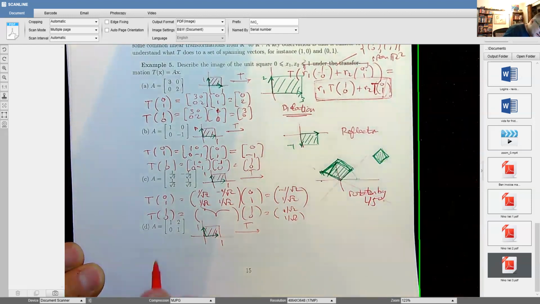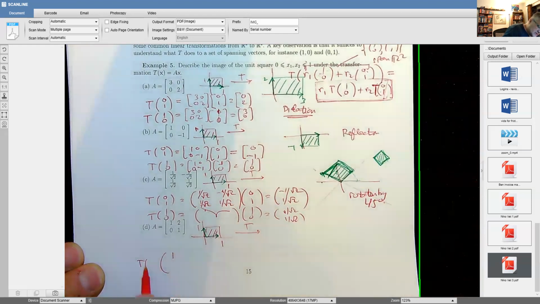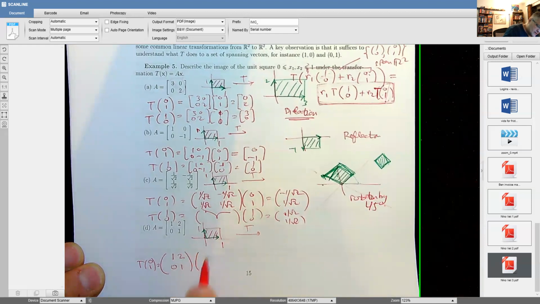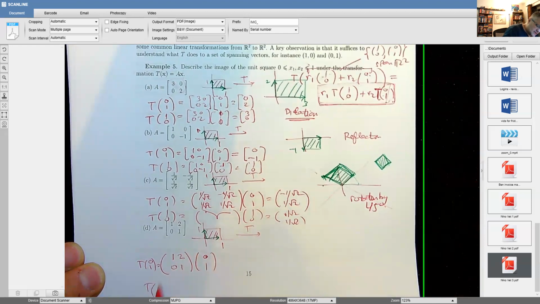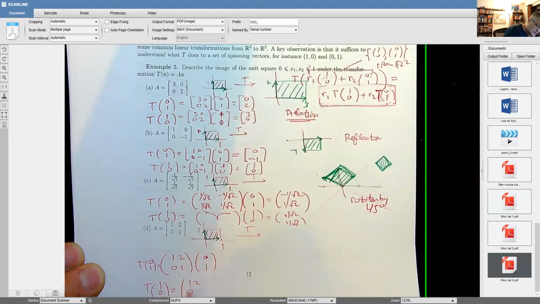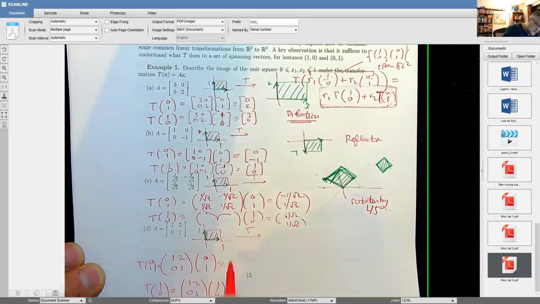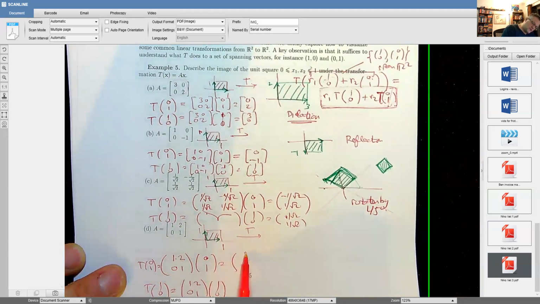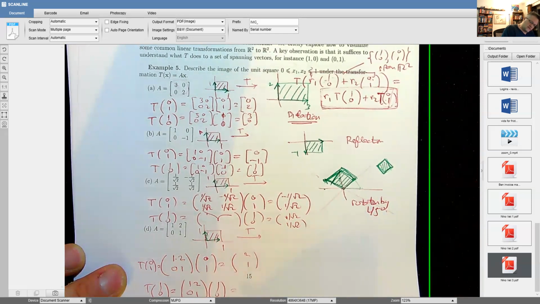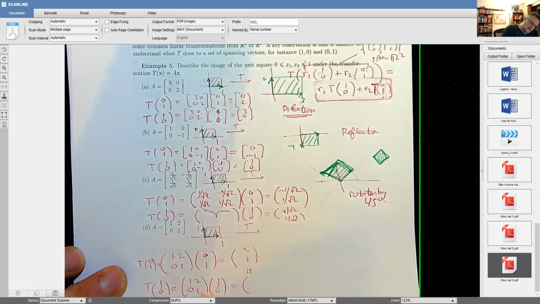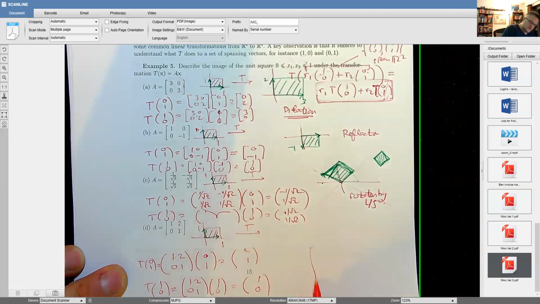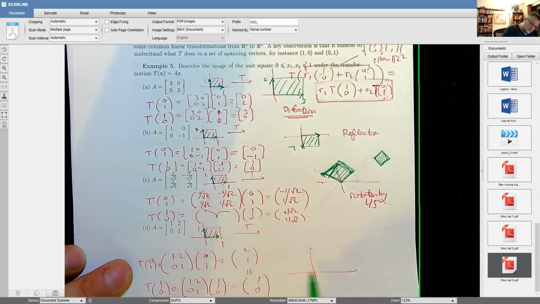And this guy here, if I look at T of (0, 1) and T of (1, 0), here I get (2, 1). That's different. And this time I get (1, 0). Right? And so if I were to graph them, (0, 1) was here, right?